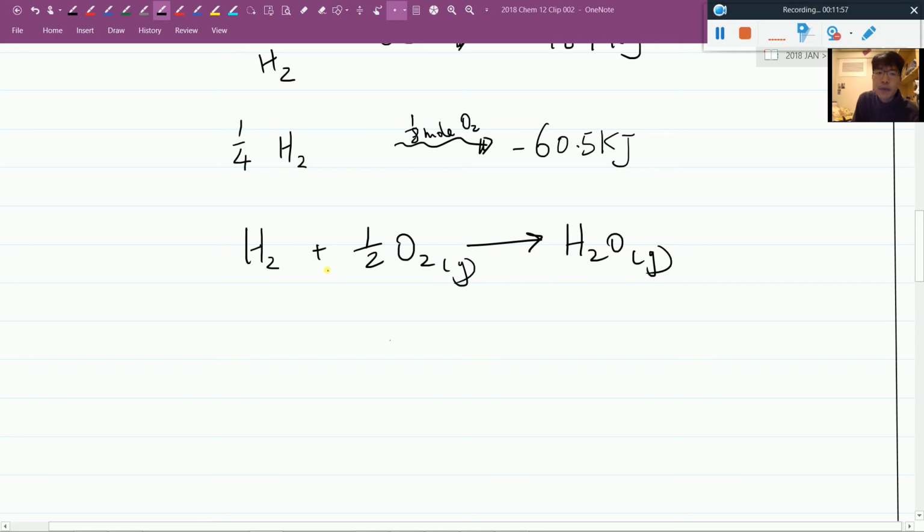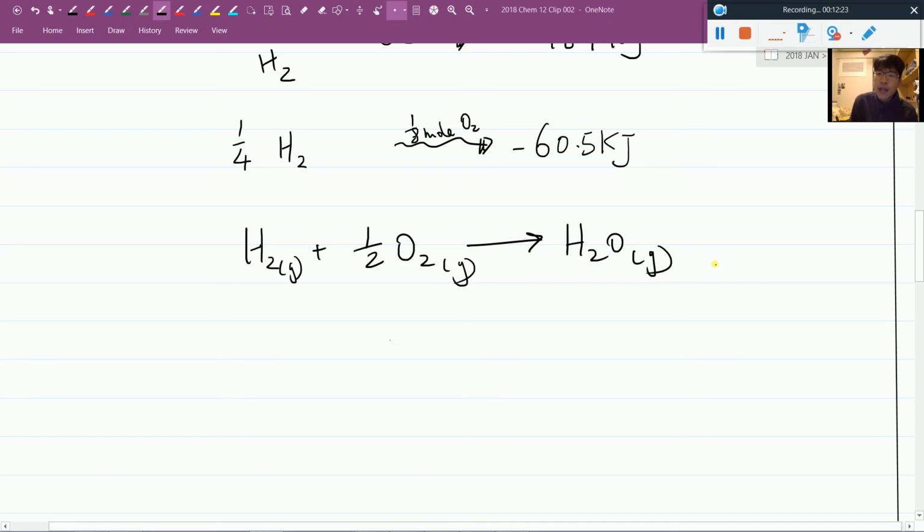Is it possible for us to write this type of chemical reaction? Yes. You're allowed to put a fraction as a coefficient. You can put 0.1, 0.2, whatever you want, because the coefficient just means the ratio. The ratio can be 1 to 100 or 1 to 101. There's no restriction for the coefficient.